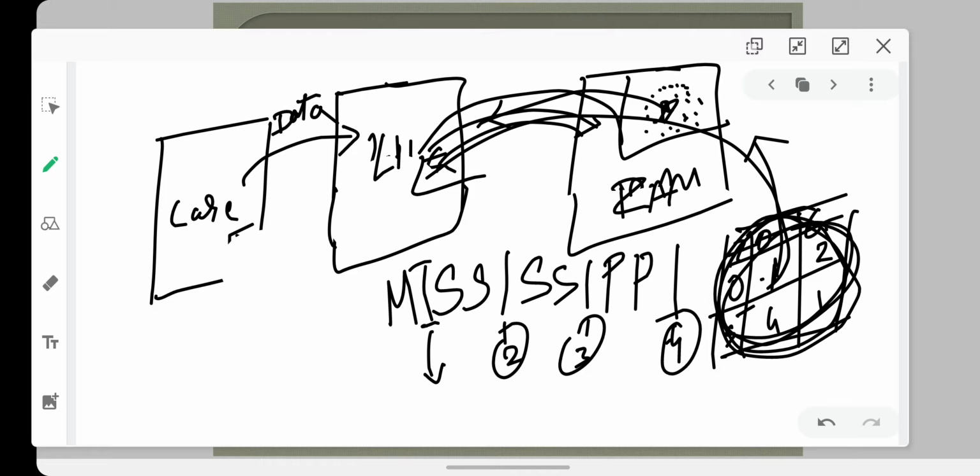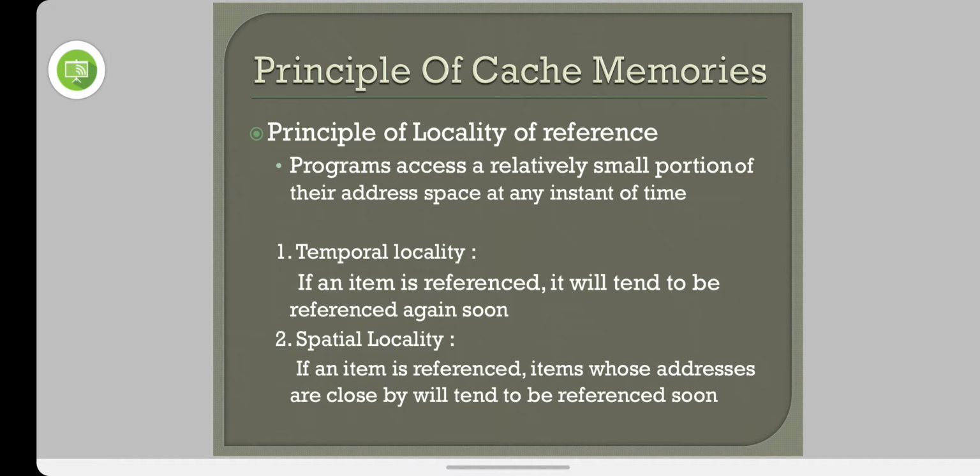Considering the same example, you are going to reference the word I now, and again you are going to reference the next letter in the near future, right? So along with I, you bring the S as well, making sure that both are going to be referenced again soon in the near future. Okay, so this is what the spatial locality means.